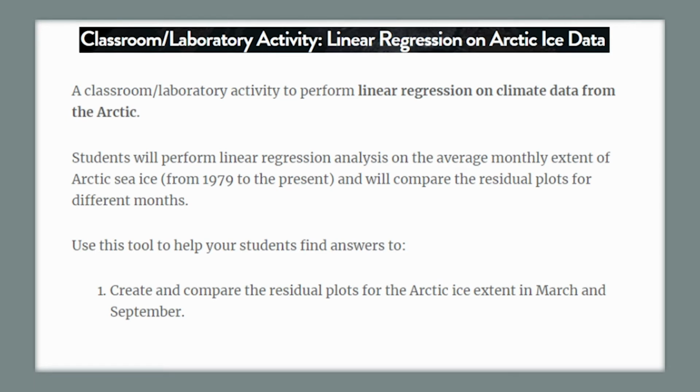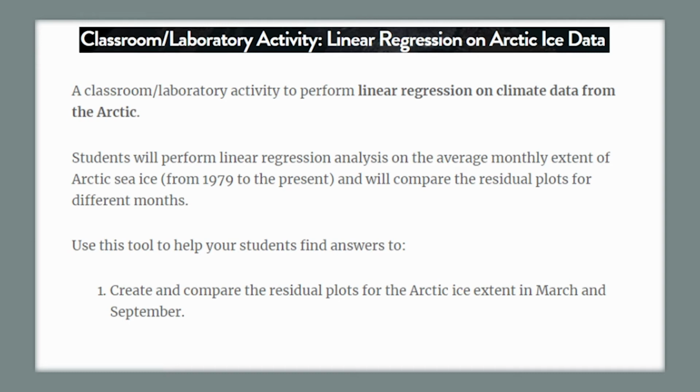As you might know, the summer Arctic sea ice has been reducing over the last few years, and it is very important for us to understand if climate change is indeed a factor in the shrinking of this Arctic sea ice. In this activity, your students can compare the plots for different months using this monthly database of Arctic sea ice from the late 70s to today.